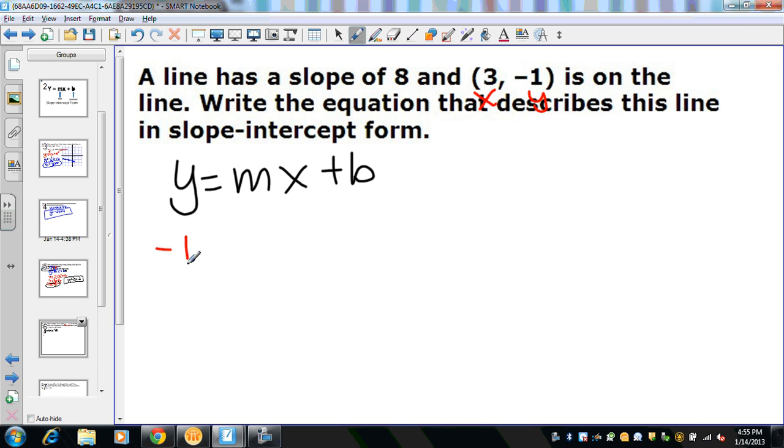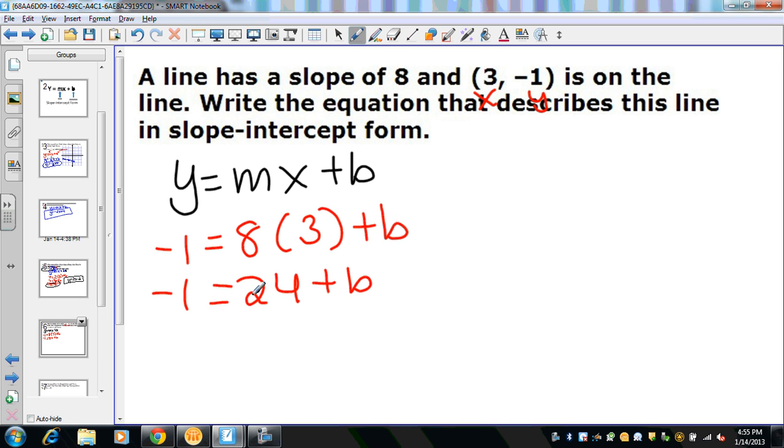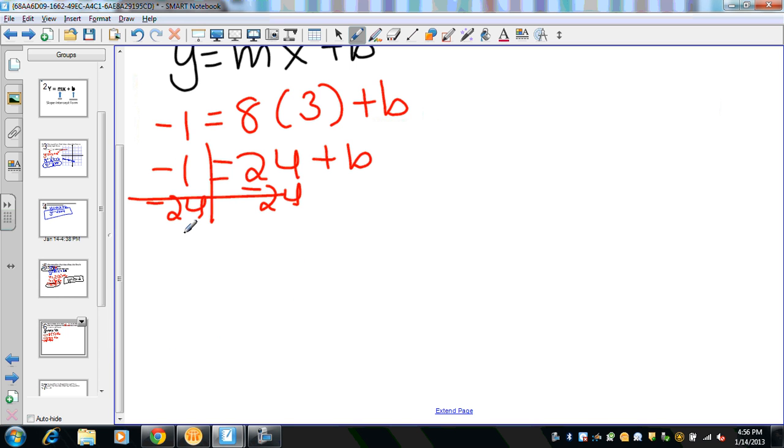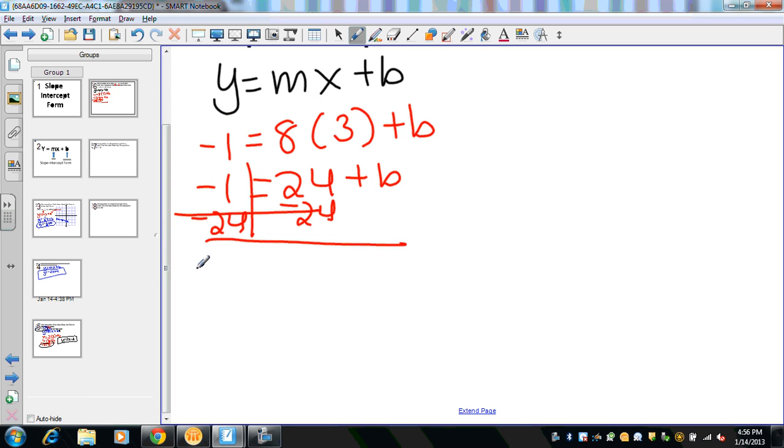So the y is -1 is equal to, my slope is 8, my x is 3, and then I've got plus b. So -1 = 24 + b. I'm going to subtract 24 from both sides so that I can solve for b. And I get -25 = b.